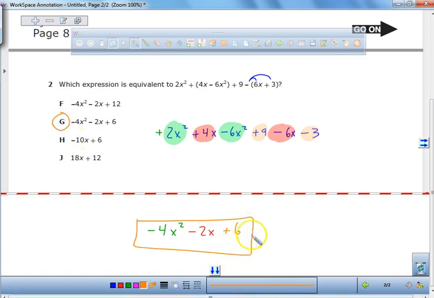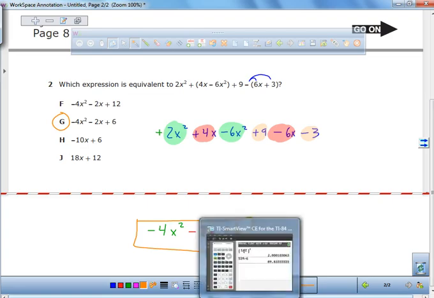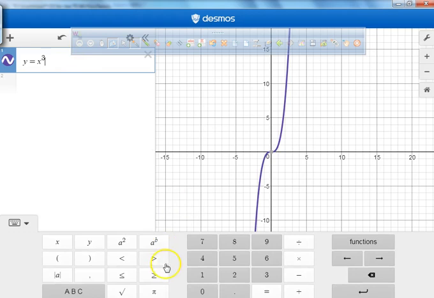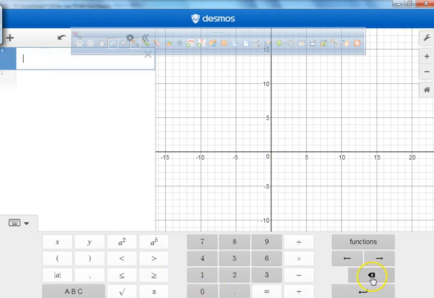Alright, now here's what I want you to do. Go to Desmos, if you would, okay? Go to Desmos. Oh, that's not Desmos. There's Desmos. Okay? Now help me out here. I'm going to delete this real quick. That was a cubic function from another class. Alright? Now, what was the original equation? Let me look over your shoulder.